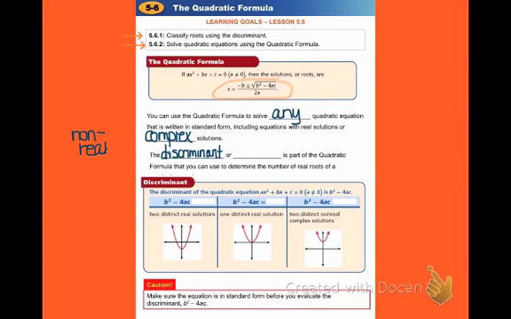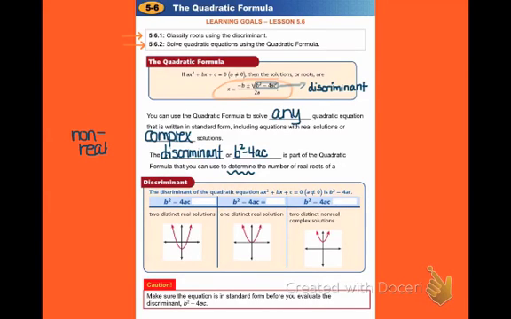What the discriminant is, is the b squared minus 4ac part that is under the radical. So this piece that's under the radical is called the discriminant. That discriminant is part of the quadratic formula that you can use to determine the number of real roots of a function. It's like a diagnostic.